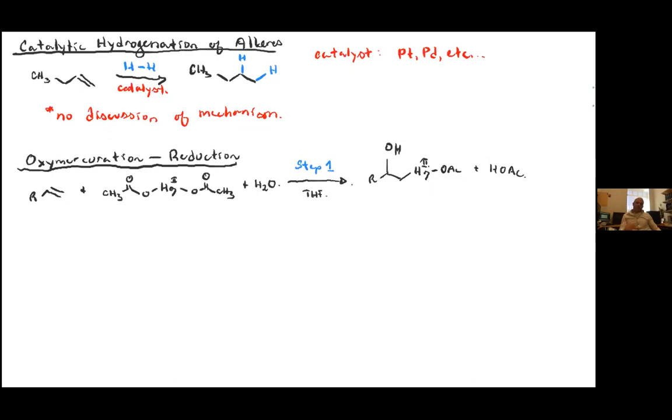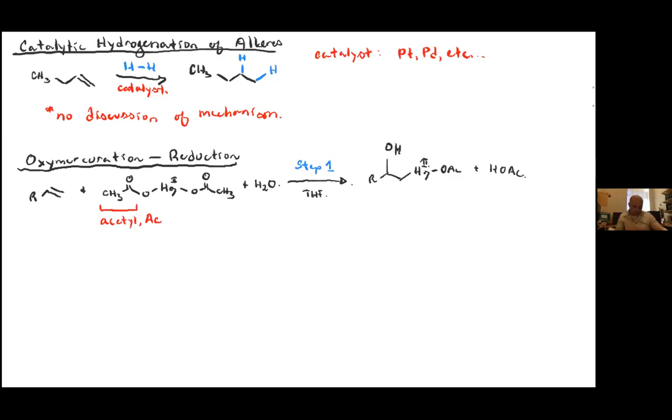And so I've added an OH and the mercury to the pi bond of the alkene. All right. And I threw in an abbreviation here, Ac. Ac stands for acetyl, which is that carbonyl plus the methyl group. It's a very common substituent.